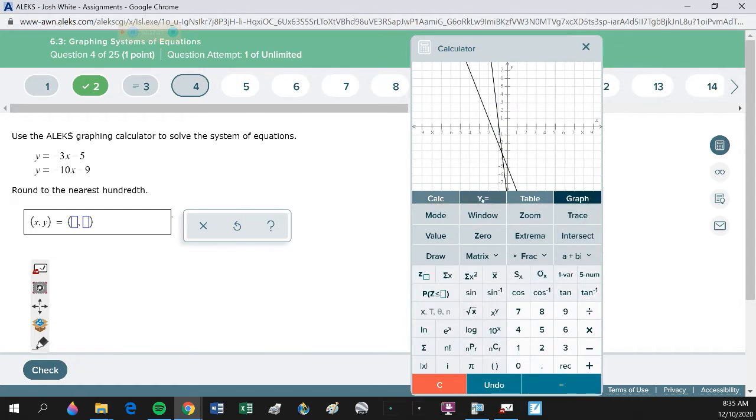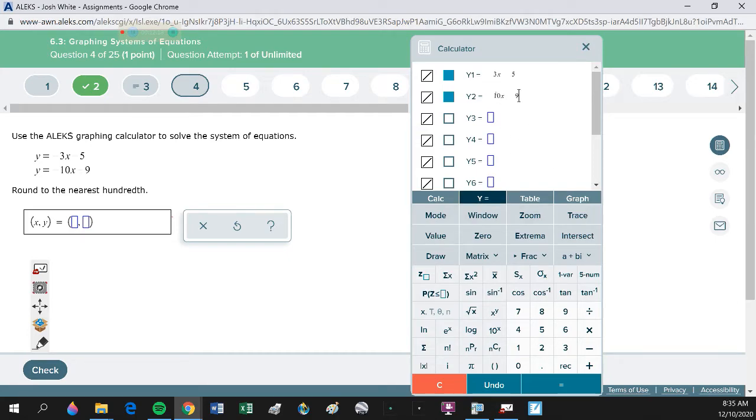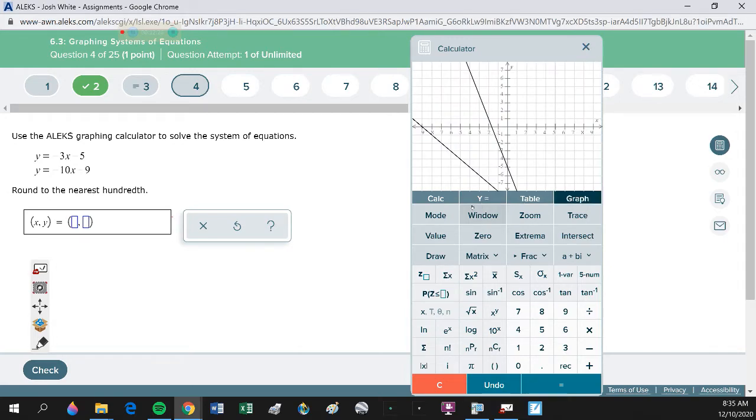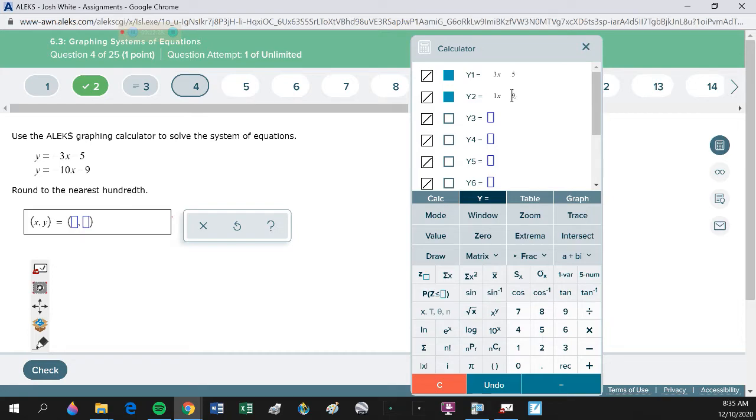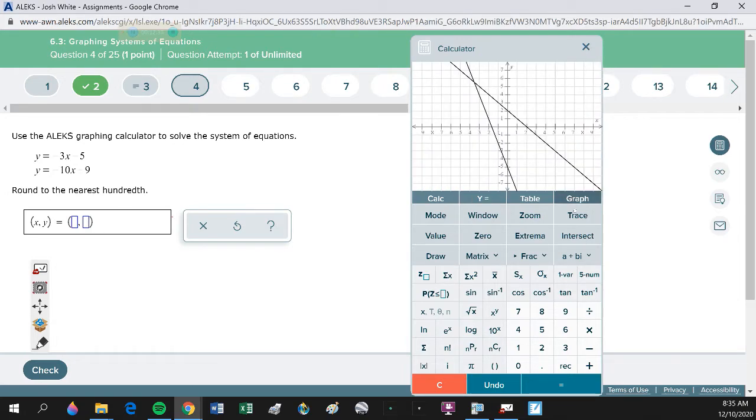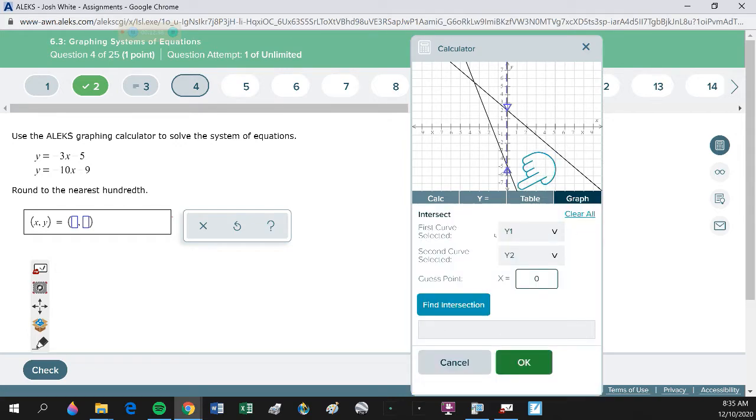So what you do is you type in a graph, you click graph. So you have two graphs, you push the graph button, and then you click intersect, and you look where they cross, which is right here, and that looks like x is about 3.